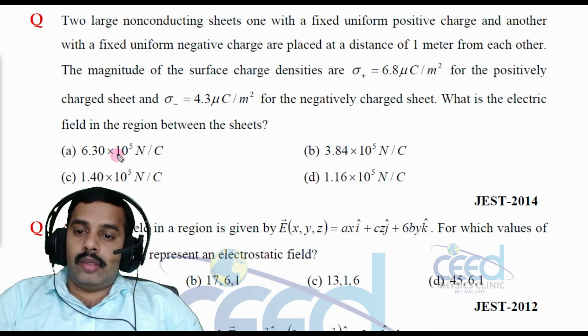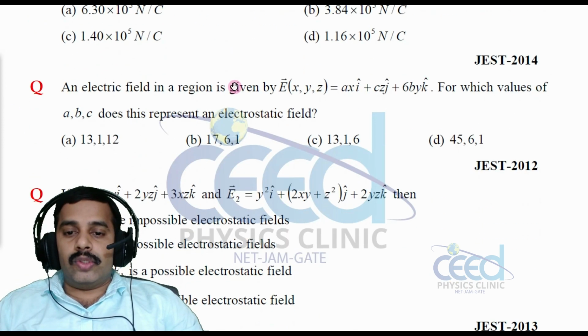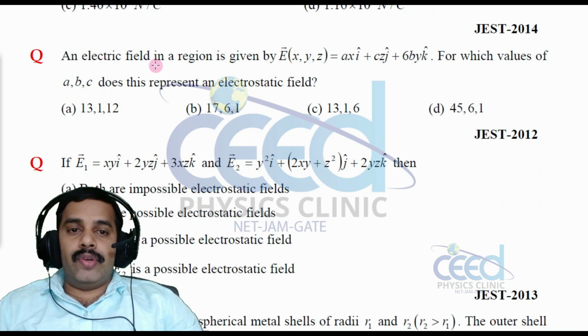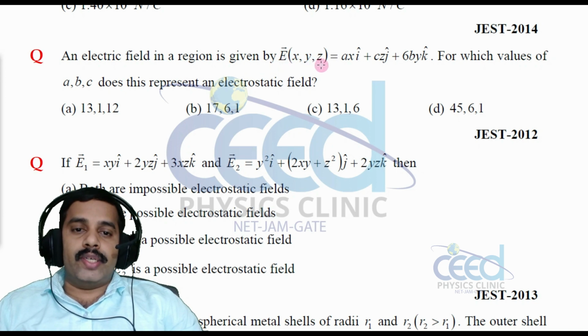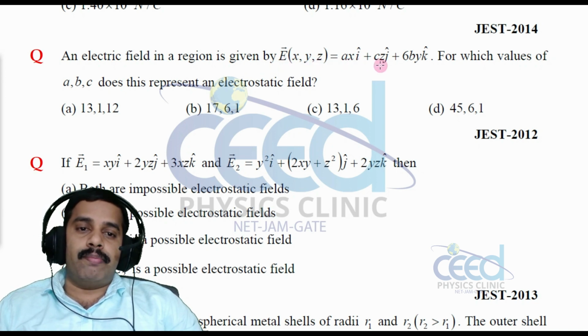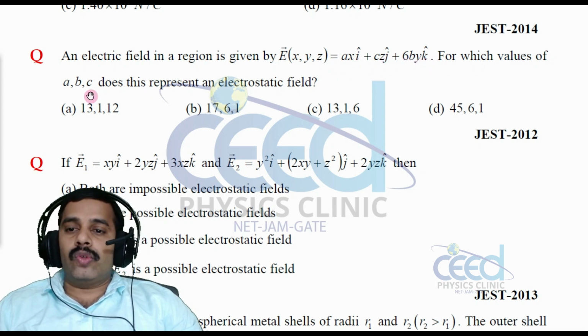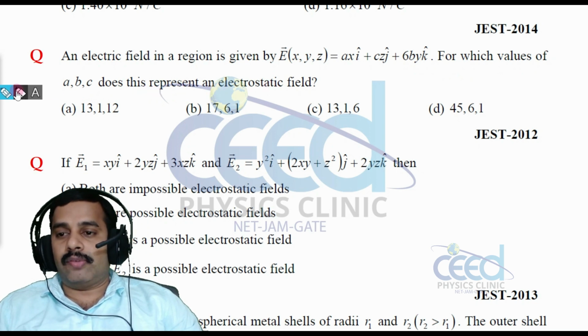Alright, now let us go to another question. An electric field in a region is given by E of xyz equal to ax i cap plus cz j cap plus 6by k cap. For which values of a, b, c does this represent an electrostatic field?